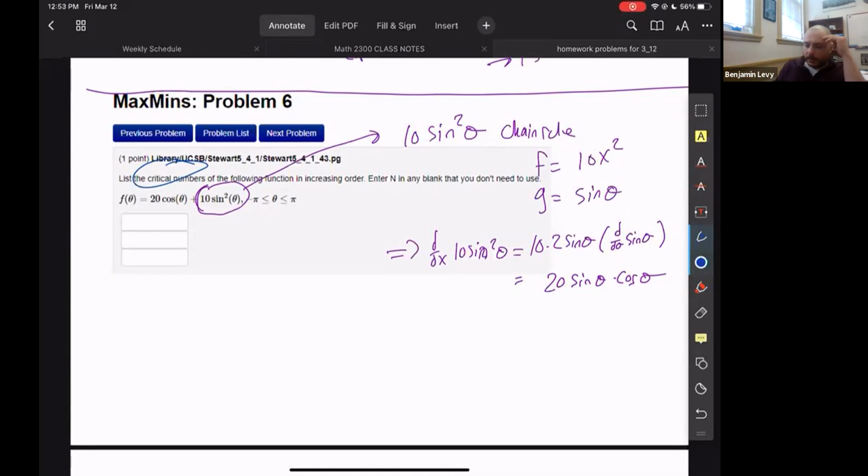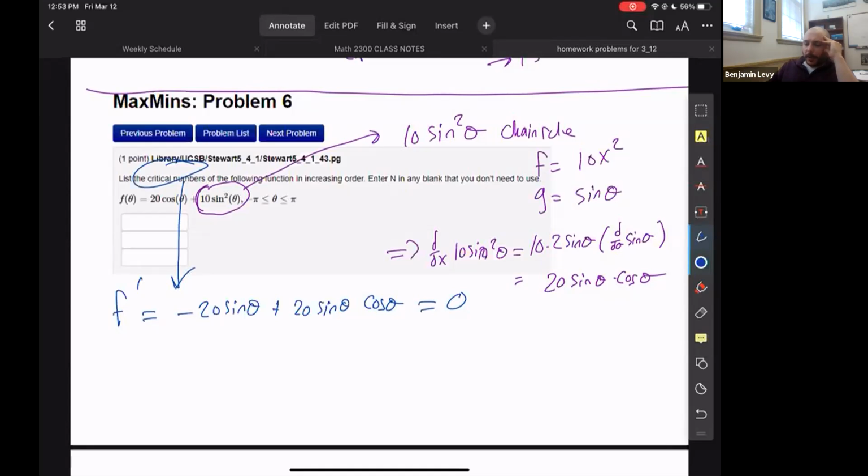Everyone okay? So the first derivative then, if we wanted to do the first derivative, that's going to be part of it. With the cosine becomes minus sine, and then we have that piece. So 20 sine theta cosine theta. And we want that to be 0, right? We're trying to find the critical points. That's what we're doing right here.